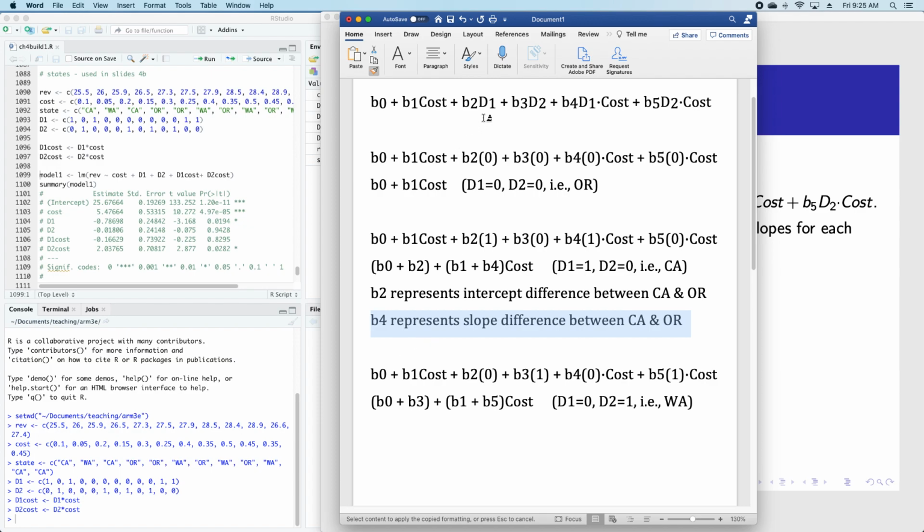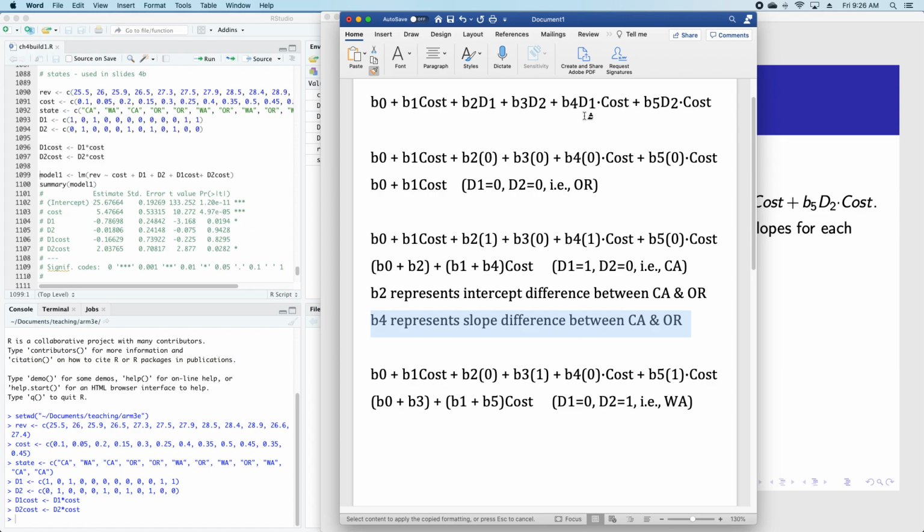But if we look at our original equation, this regression parameter that multiplies d1 represents the difference in intercepts between the level indicated by this indicator variable, which is California, and the reference level, which is Oregon. And if we look at b4, that's multiplying d1 times cost, that represents the difference in slope between California and Oregon.